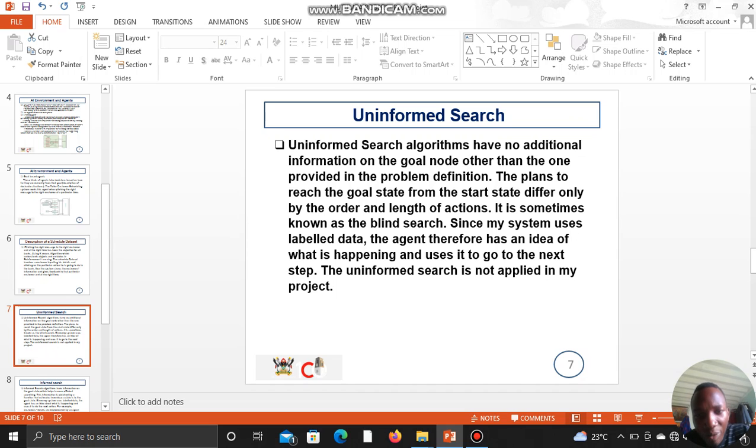So let me go to the uninformed search, which is sometimes called the blind search. The algorithm here in uninformed search has no additional information on the goal node other than the one provided in the problem definition. The plans to reach the goal state from the start state differ only by the order and length of actions.